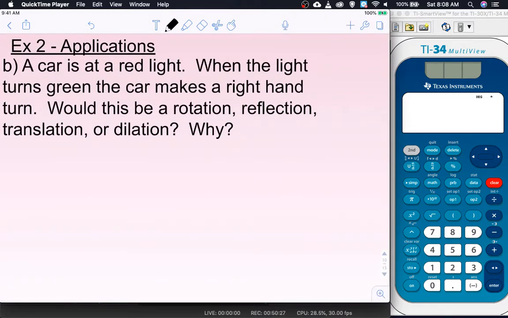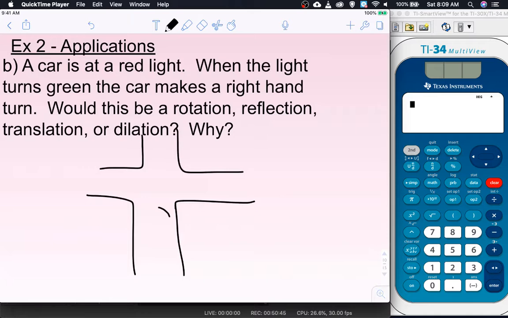Letter B. A car is at a red light. When the light turns green, the car makes a right-hand turn. Would this be a rotation, reflection, translation, or dilation? Well, if you need to, you can draw a picture. So car is sitting at a red light. Here's my beautiful car. When the light turns green, the car makes a right-hand turn.